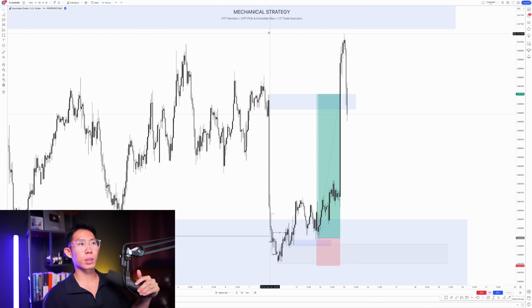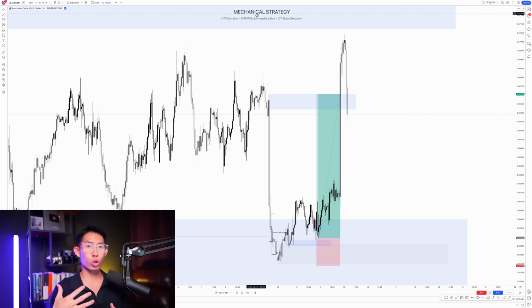The reason why this mechanical trading strategy tends to work so well for us and the members inside the 1% Club is because we have strict mechanical rules. We have rules that tell us when to enter the trade, when to buy, when to sell, when to get out if the trade does not go as planned, and when to get in when the trade does go as planned.